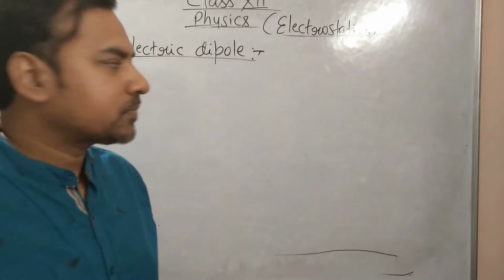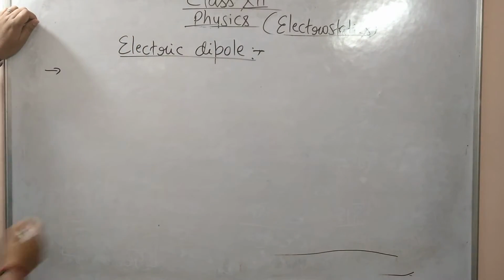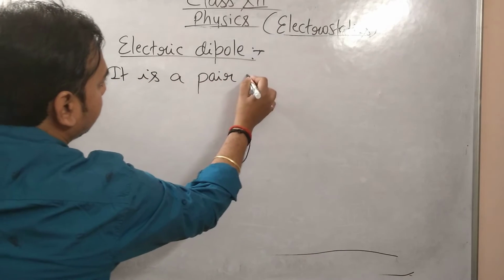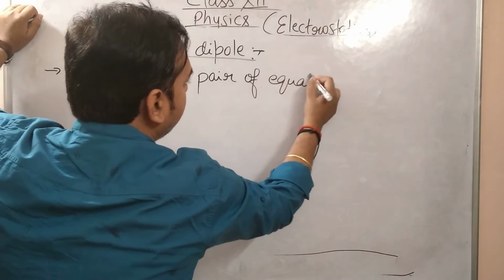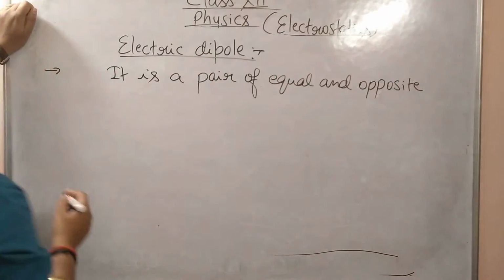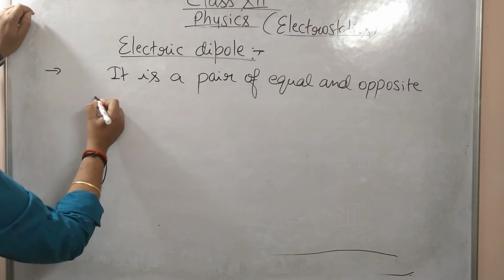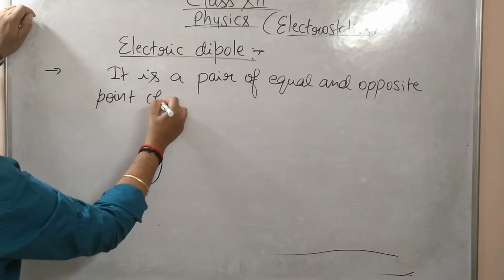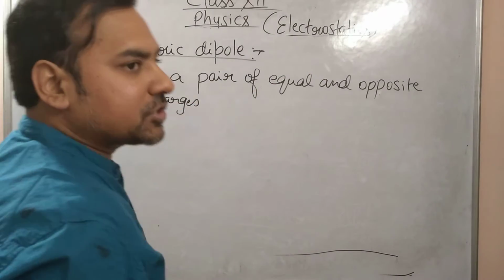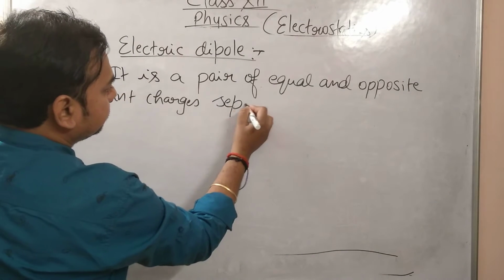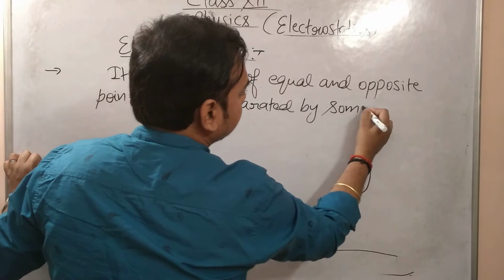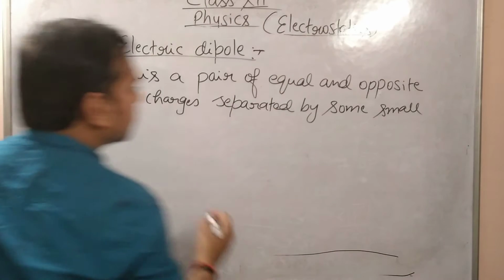What is an electric dipole? An electric dipole is a pair of equal and opposite point charges separated by some small distance.